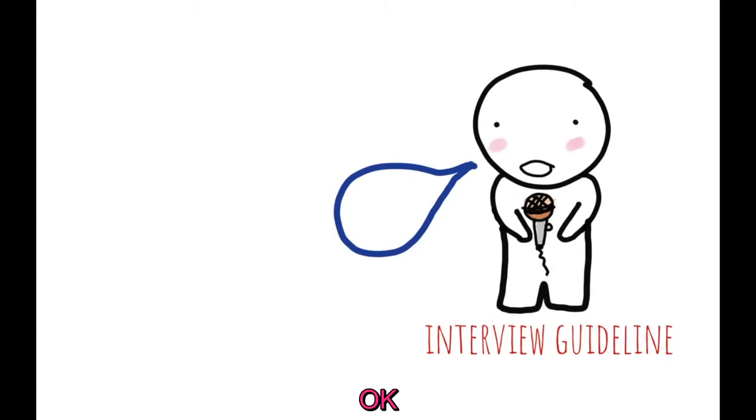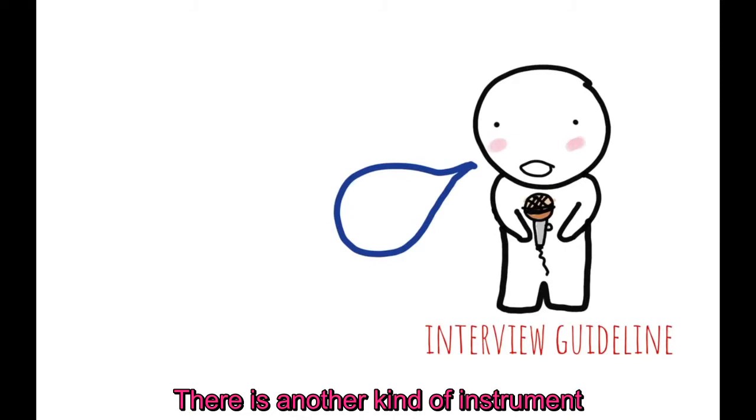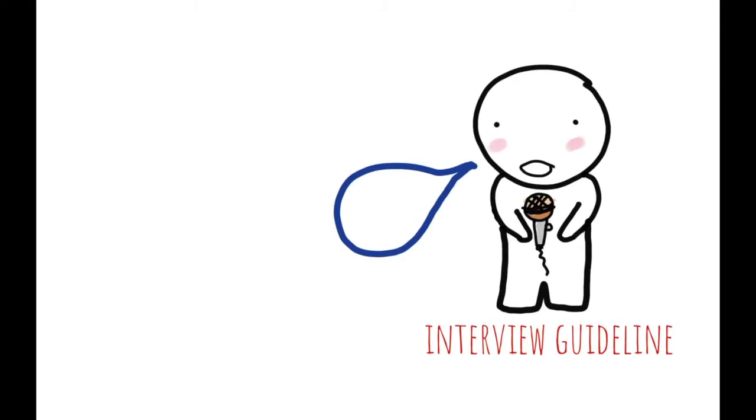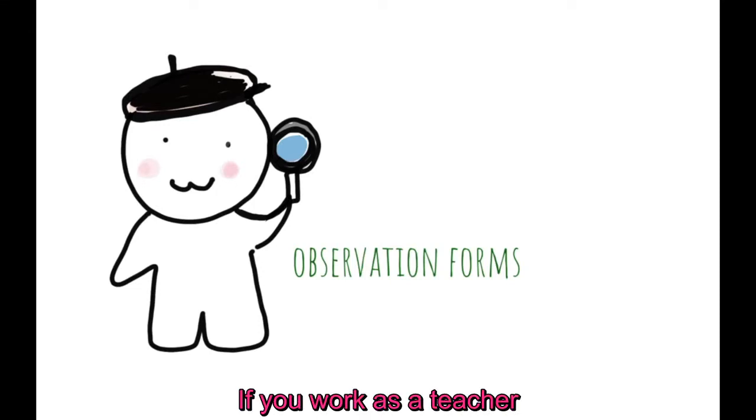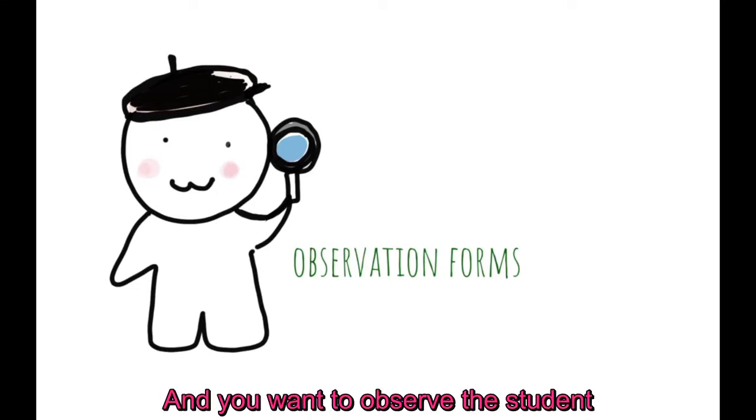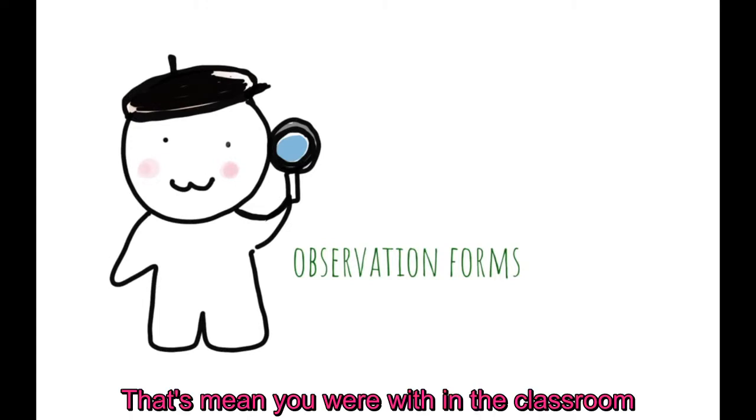Okay, there are other kinds of instruments. Next, it is an observation form. What is an observation form? For example, if you work as a teacher and you want to observe students, that means you work in the classroom.